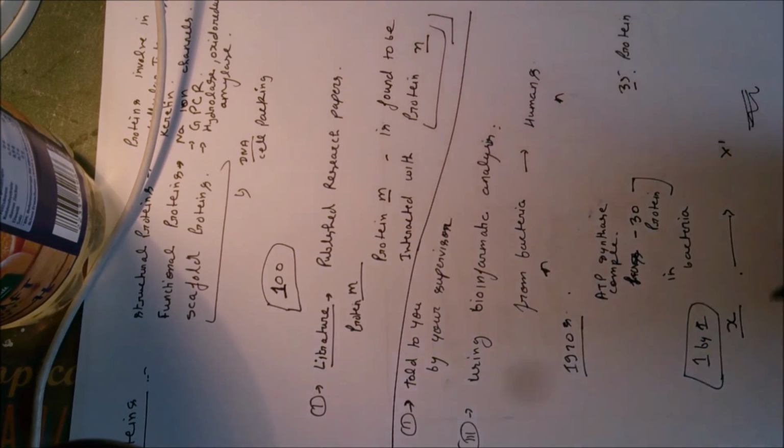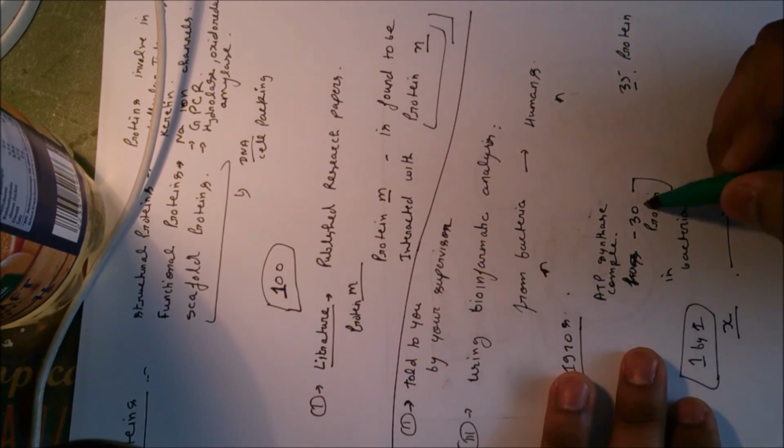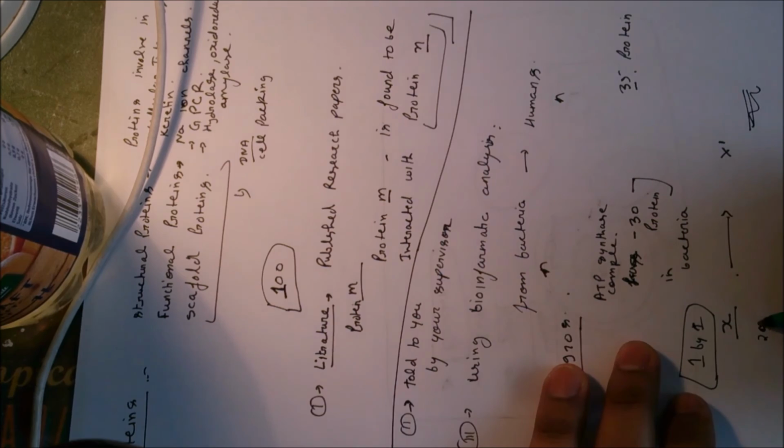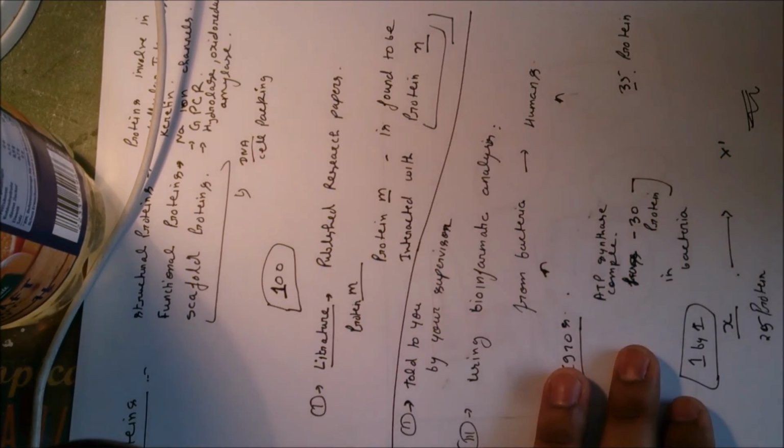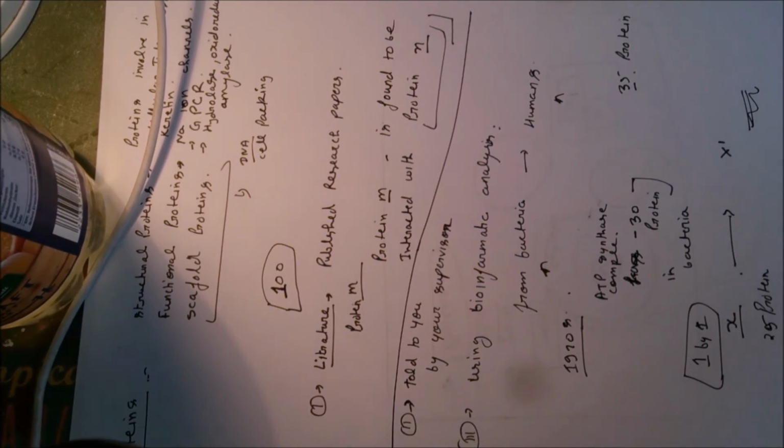And by doing this, you analyze all the 30 proteins. What you found is that only 25 proteins are present in both bacteria and in human, but there are 5 proteins which are present in bacteria, but they are not present in human. And you also know that there are some more proteins in the eukaryotic system.